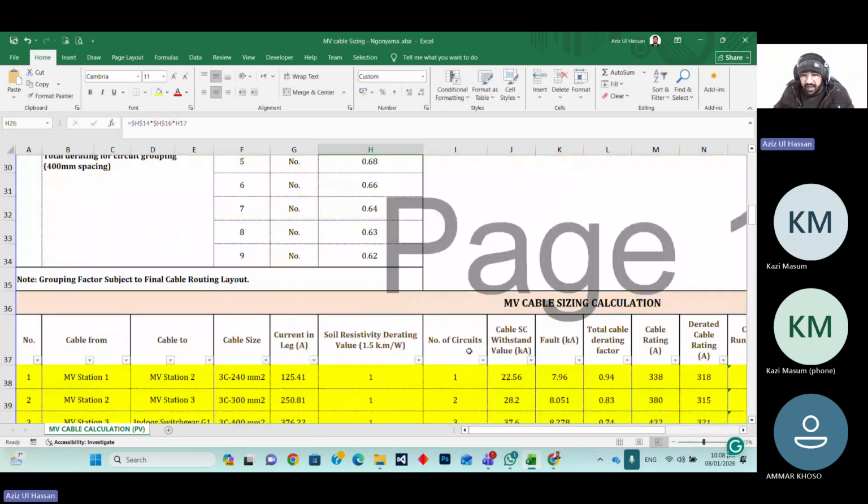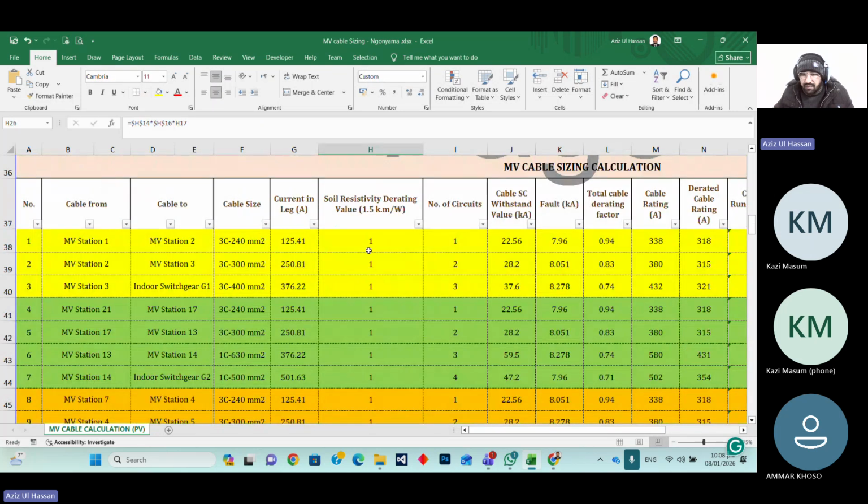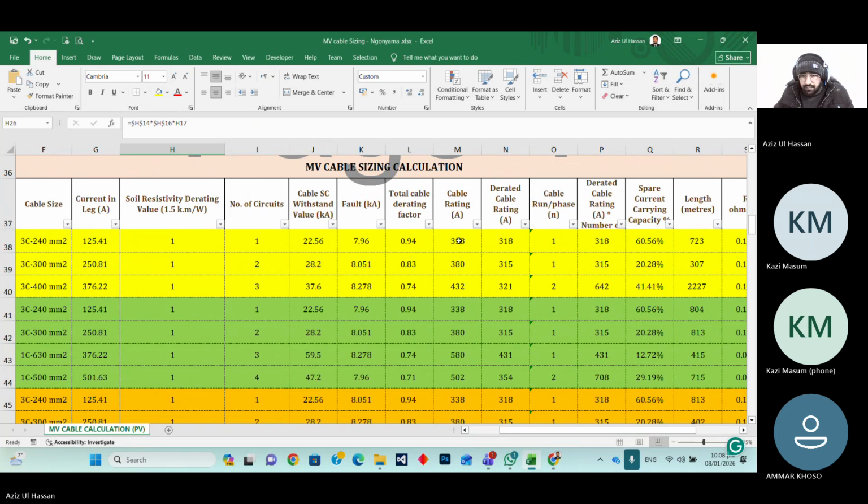Then we multiply with the soil thermal resistivity value, and we get the total derating factors. Then we multiply the ampacity of the cable with that derated value, and then we get the derated ampacity.